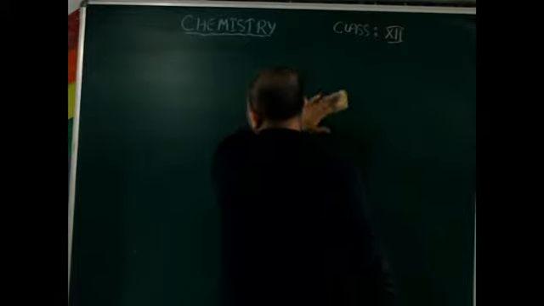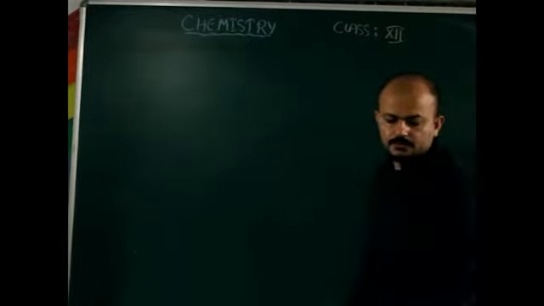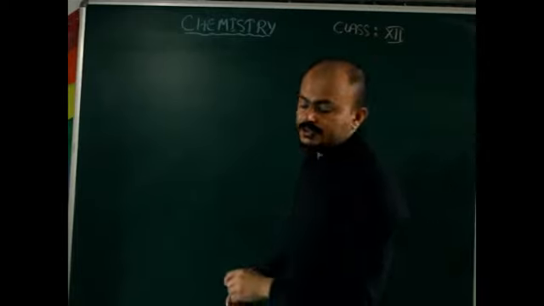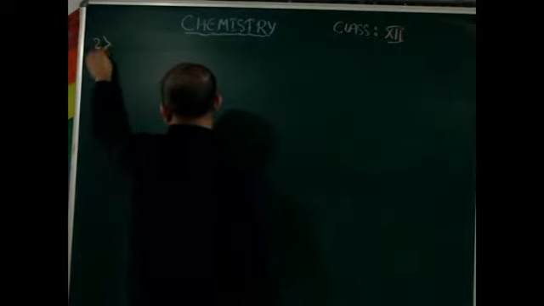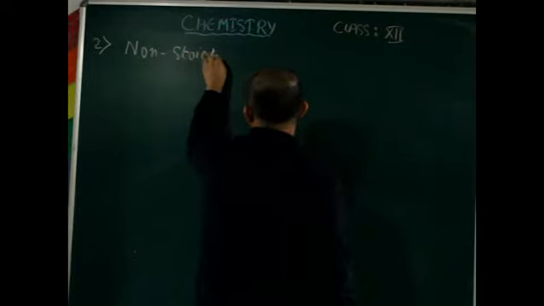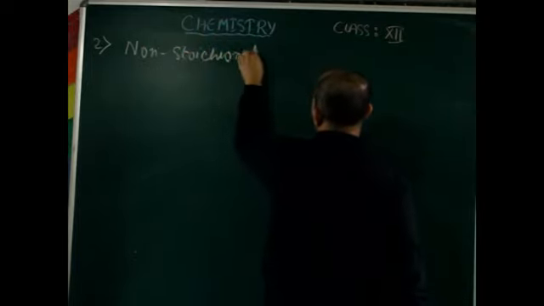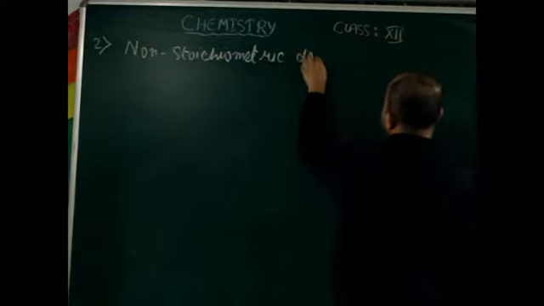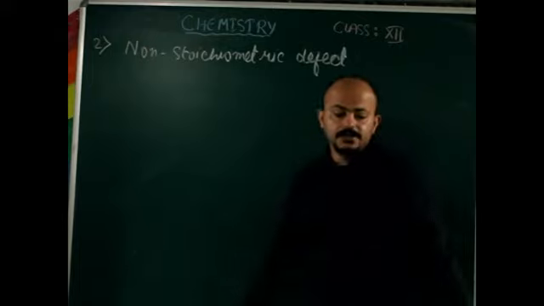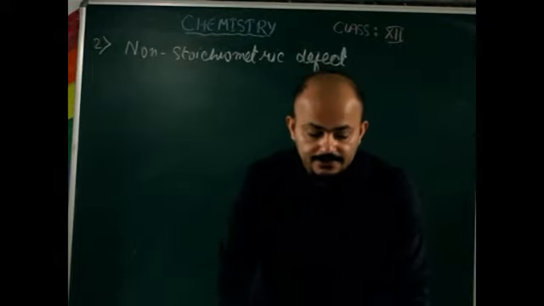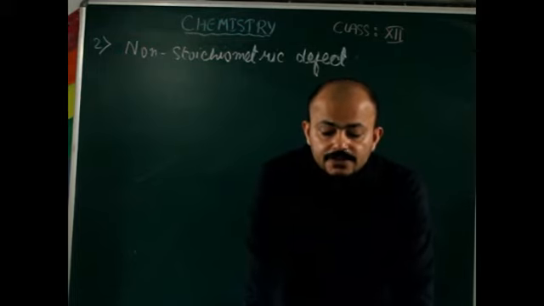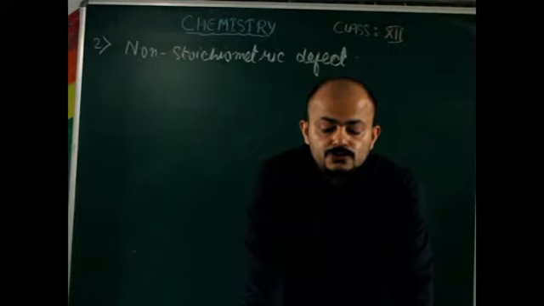Now, number 2. We discussed stoichiometric defects. Now we are going to discuss non-stoichiometric defects. That is number 2, non-stoichiometric defect. The point defect that disturbs the stoichiometry of the compound is called a non-stoichiometric defect.